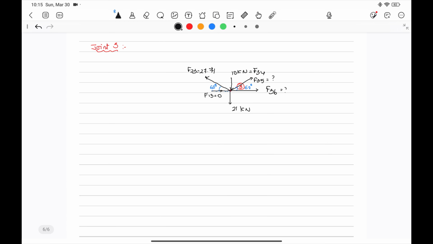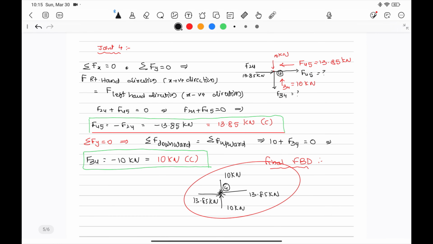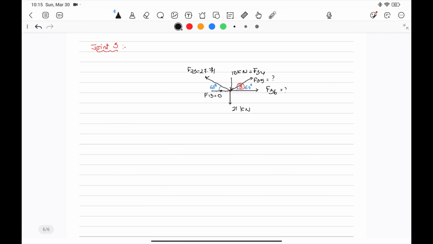Another is F34. F34 is compression towards the joint, 10 kilonewtons. And another is F35 at an angle of 60 degrees, that is unknown. That we treated as tension away from the joint. And F36 is unknown, away from the joint.